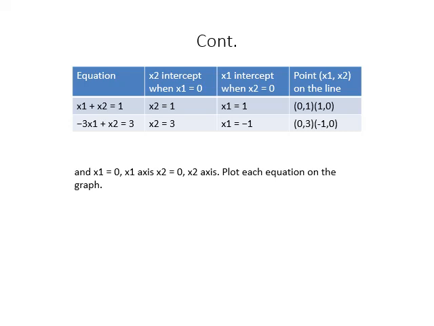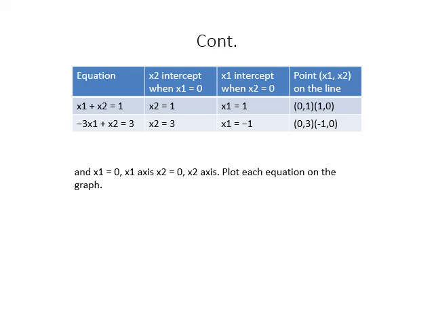x1 plus x2 equals 1. x2 equals 1 when x1 equals 0, x1 equals 1 when x2 equals 0. Points of x1 and x2 on the line are (0, 1) and (1, 0). Negative 3x1 plus x2 equals 3: x1 equals 0 gives x2 equals 3, x2 equals 0 gives x1 equals negative 1.